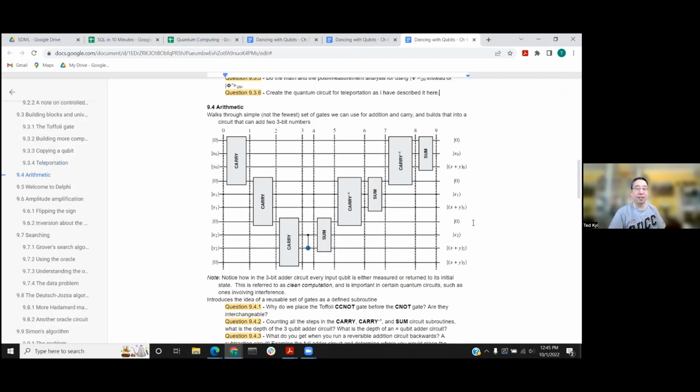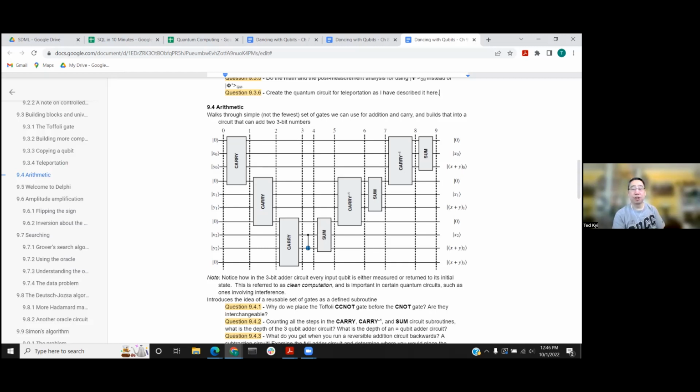All right, so the next section takes a break from weird and just goes through some more building blocks. The author shows some simple gates that can be used to define addition of 2 bits and how you deal with the carry, and builds a circuit that can add two 3-bit numbers. Then he goes through several pages showing what the outputs are after each of step 1, step 2, step 3.